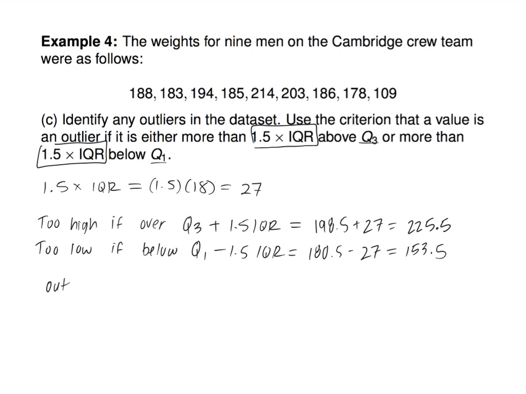So who's the outlier? And it's too low, or on the low end, so to speak, right? So this is the one criteria I know for judging outliers. Does that make sense? Okay, 1.5 times IQR above or below. So above Q3, below Q1.